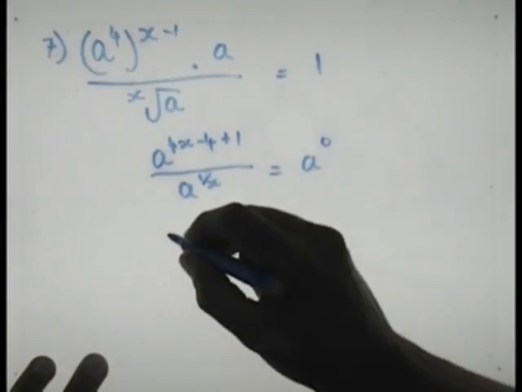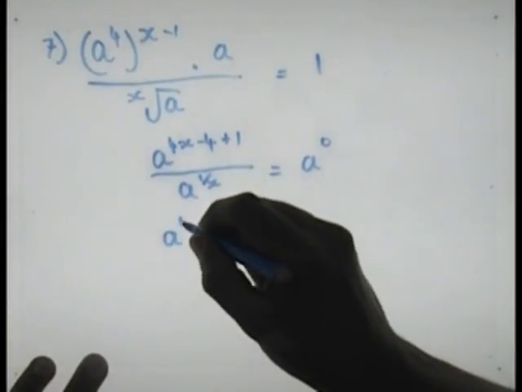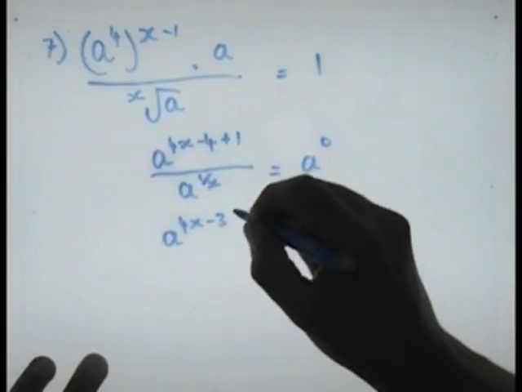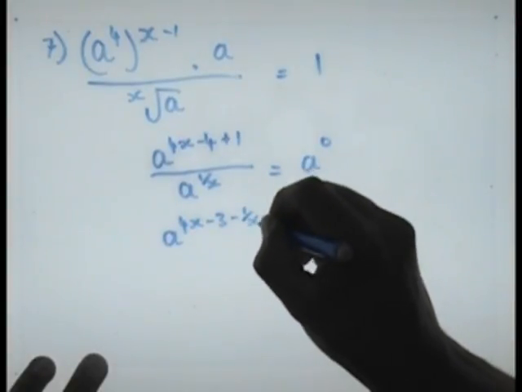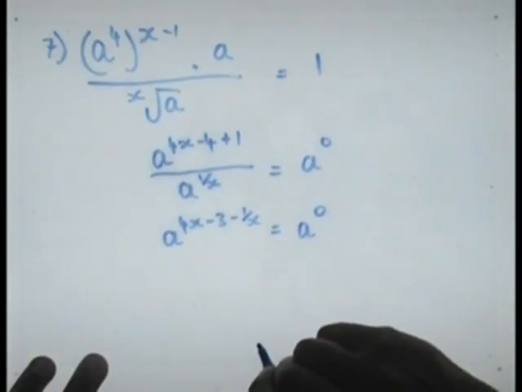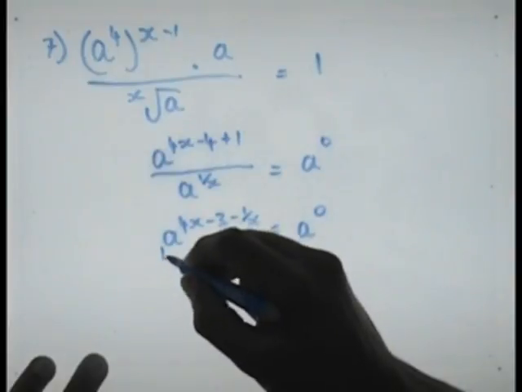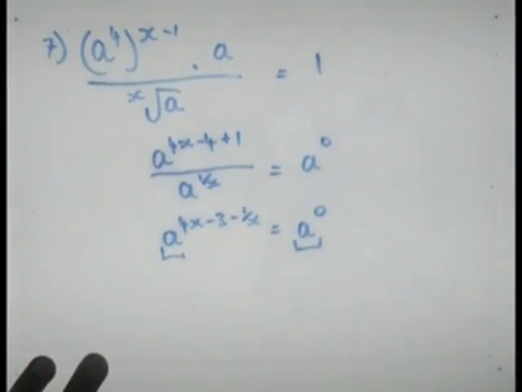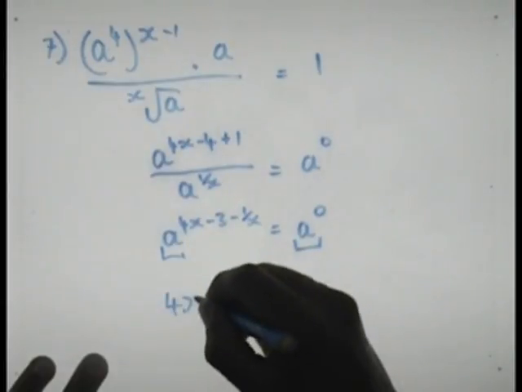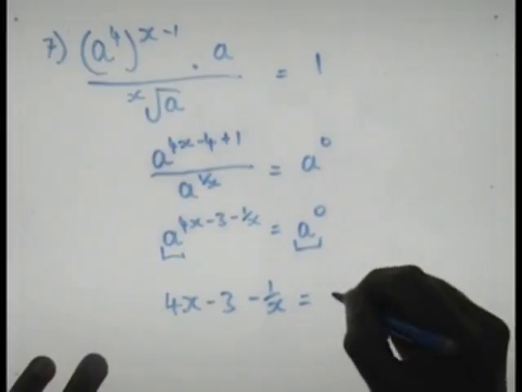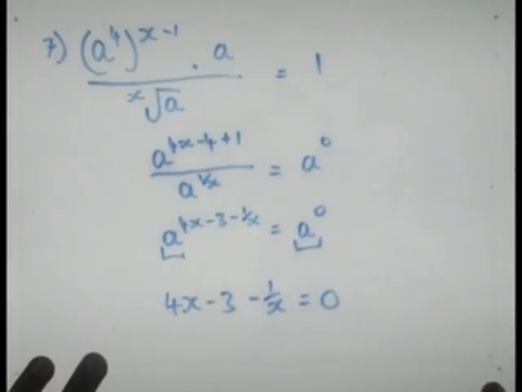Take this to the top, it means that this is going to become a to the 4x minus 4 plus 1, which is minus 3, minus 1 over x, is equal to a to the power 0. Bases are the same, that means that our exponents have to be the same. That means that 4x minus 3 minus 1 over x is equal to 0.